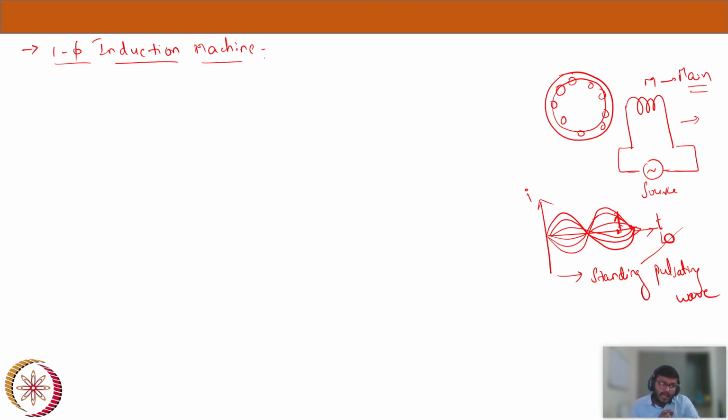Because if we consider a single turn here, and let's say there are many turns like this on a rotor, and you consider a single turn, maybe this one, this is cross, through which we are trying to pass a time varying flux.